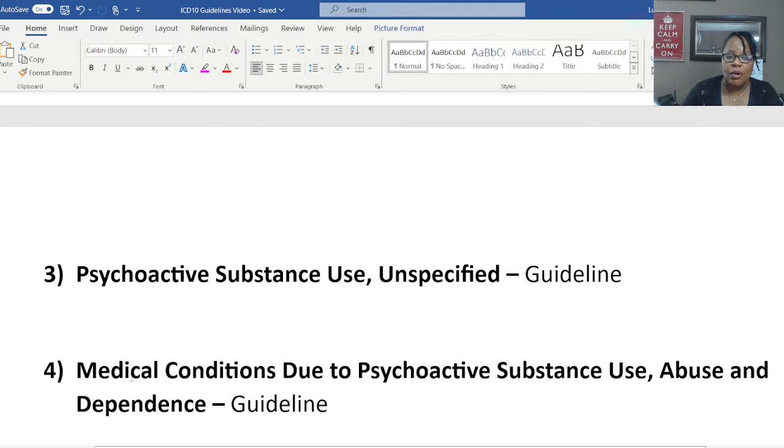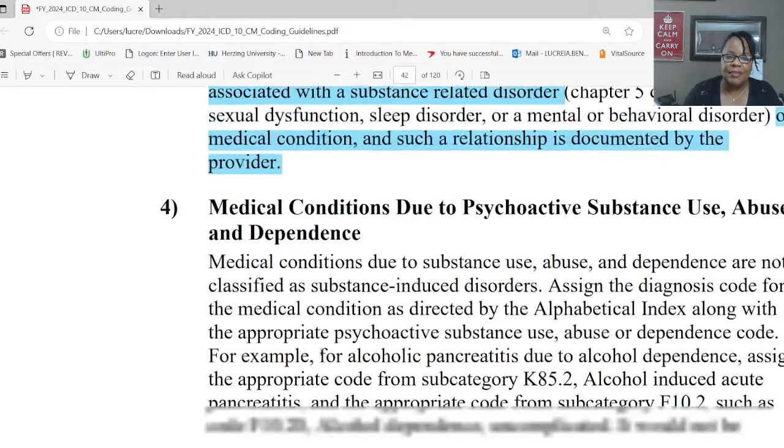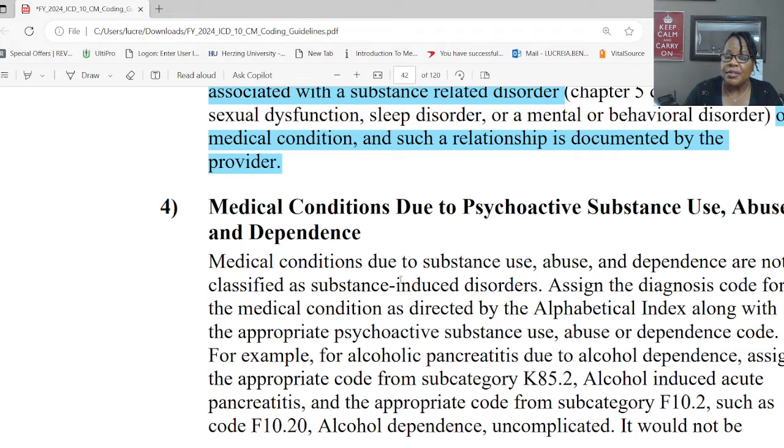Let's go to number 4, medical conditions due to psychoactive substance use, abuse, and dependence. Medical conditions due to substance use, abuse, and dependence are not classified as substance-induced disorders.